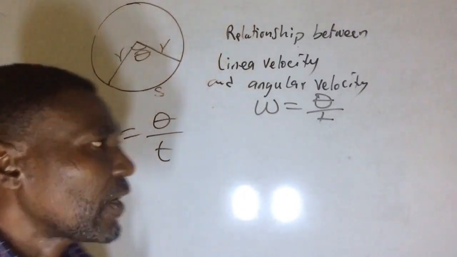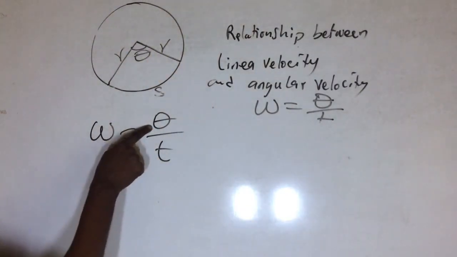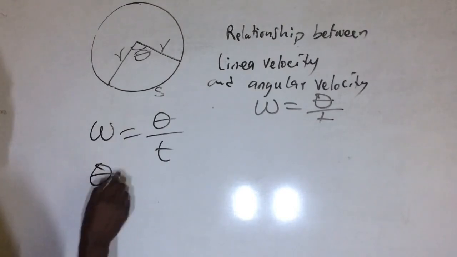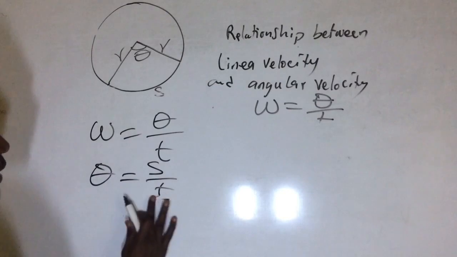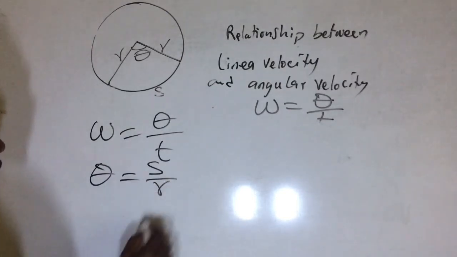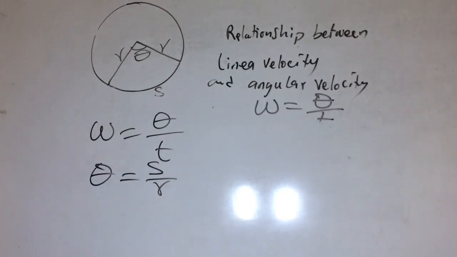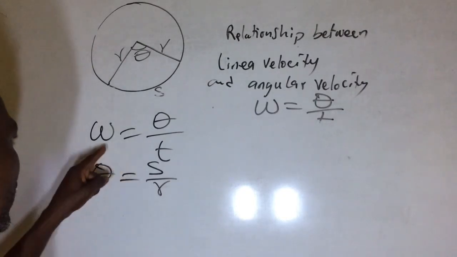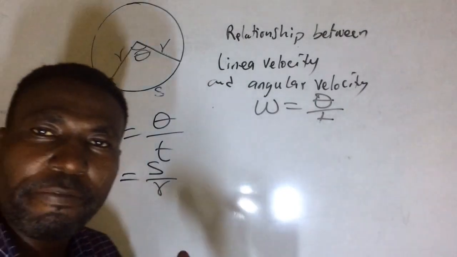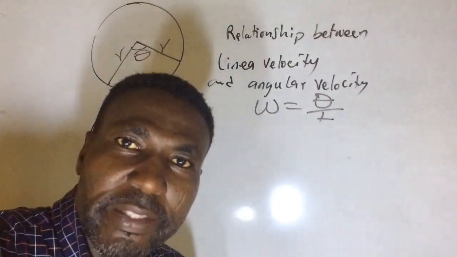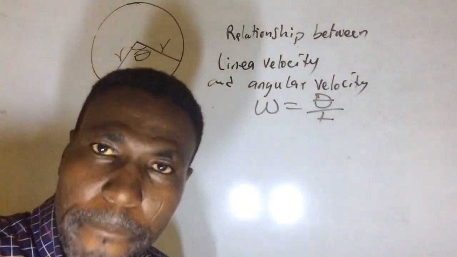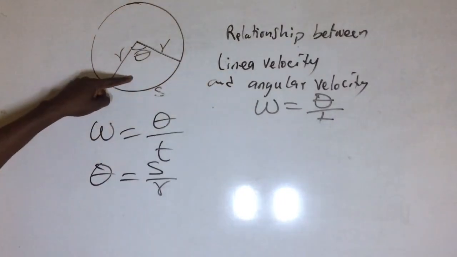Okay. Now, this angle turned is also equal to S all over R. Remember, this is angular velocity, the velocity of a body moving round a circular path, just like this circle.